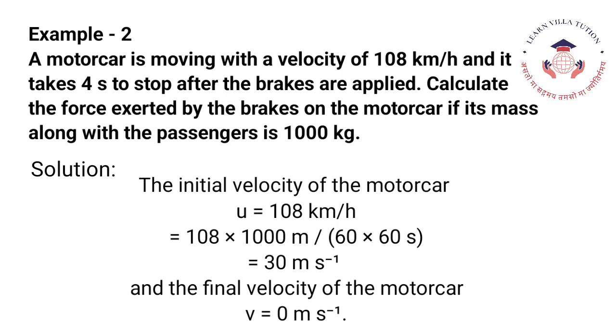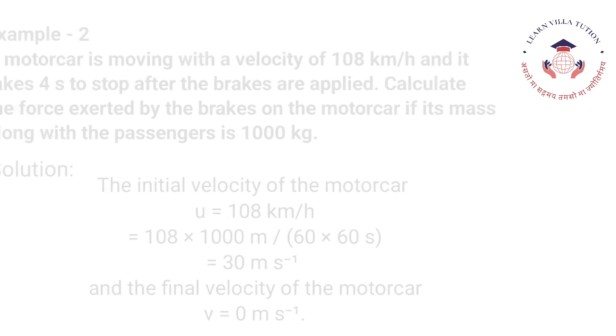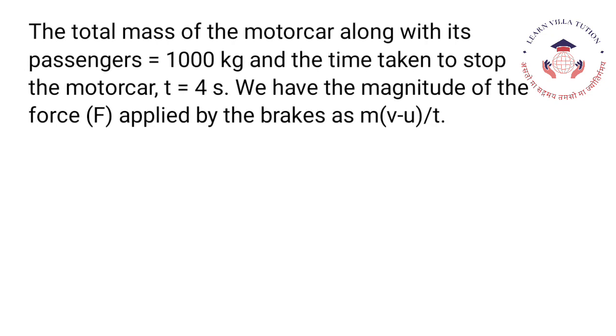Kilometer per hour changes into meter per second is equal to 30 meter per second, and the final velocity v is equal to 0 meter per second. The total mass of the motor car along with its passengers is equal to 1000 kg and the time taken to stop the motor car, t, is equal to 4 seconds.